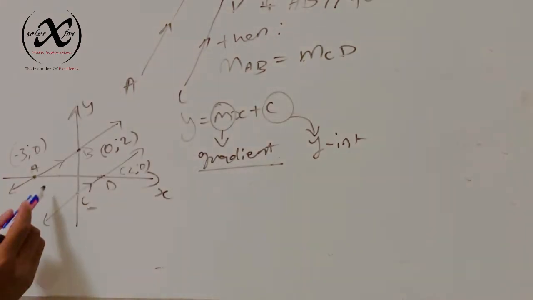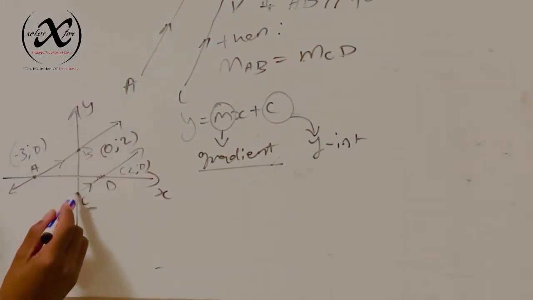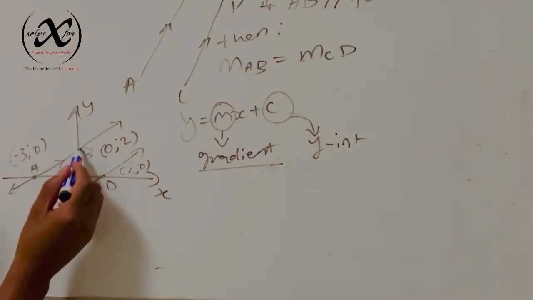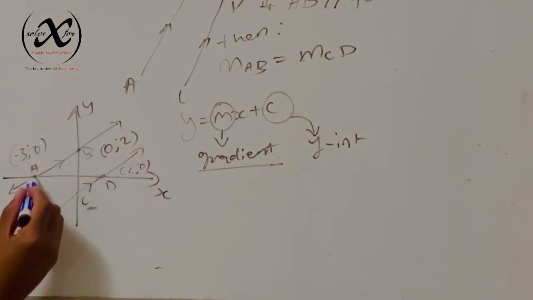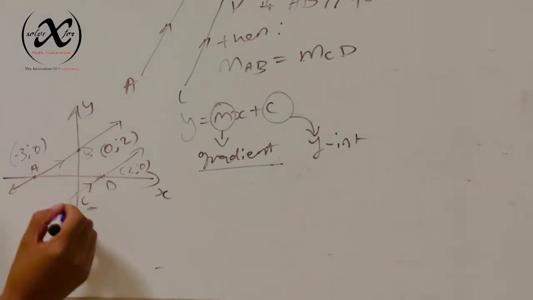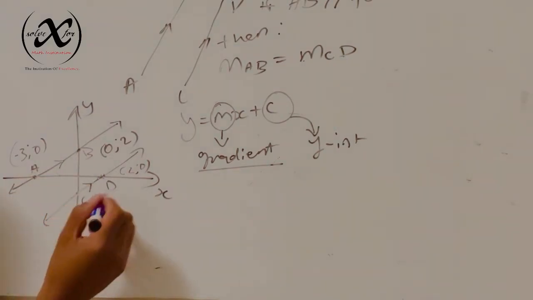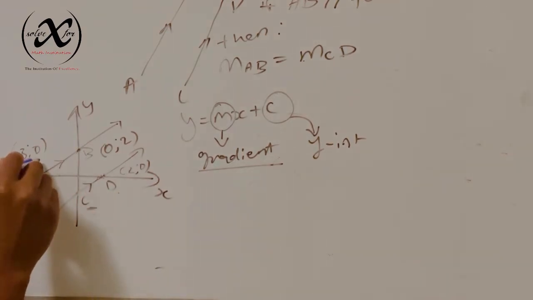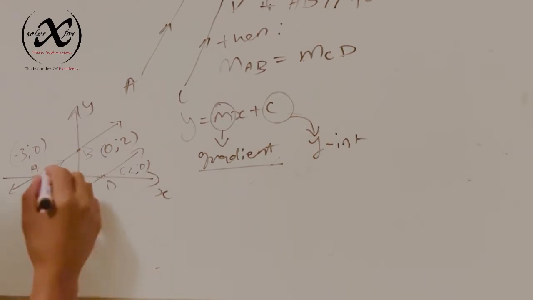But if you are given that AB is parallel to CD, then you can calculate the gradient of AB. Because the two lines are parallel, the gradient of CD will be equal to the gradient of AB.